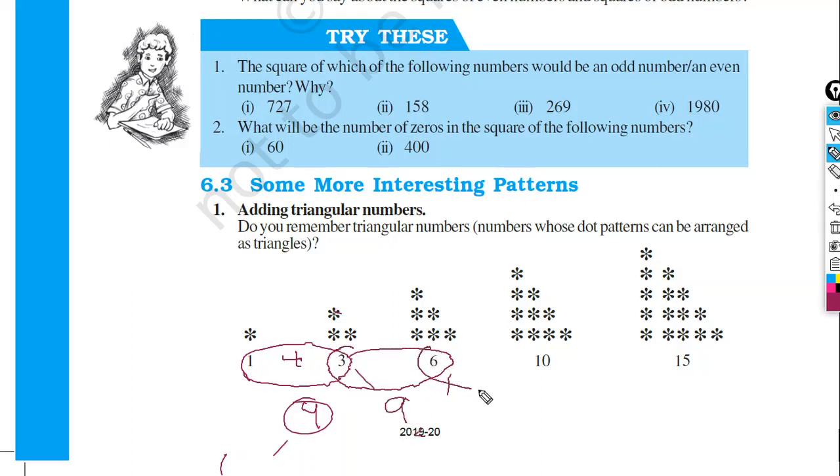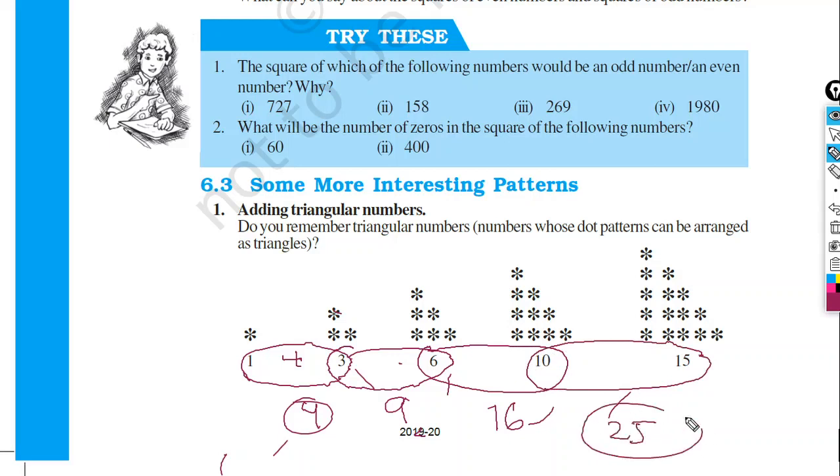Again, add 6 and 10, you will get 16, a square number. 10 and 15 you add, you will get 25, again a square number. So whenever we add consecutive triangular numbers, we get a square number.